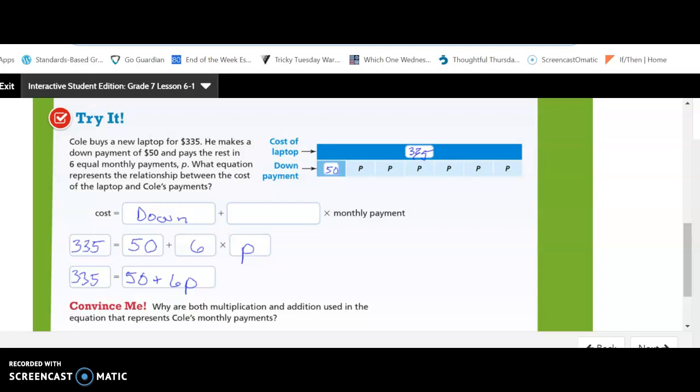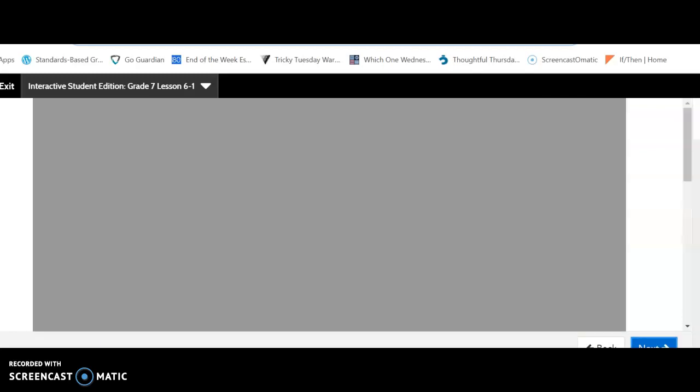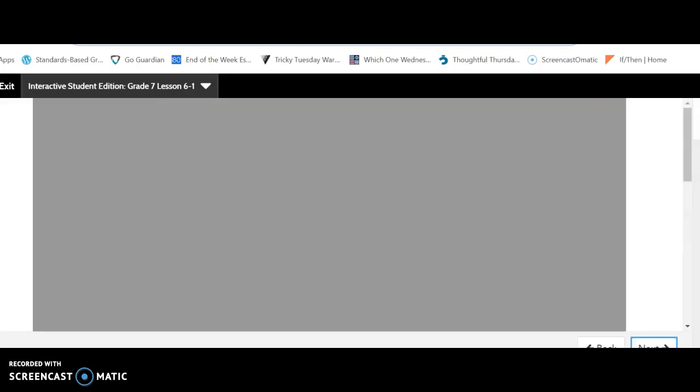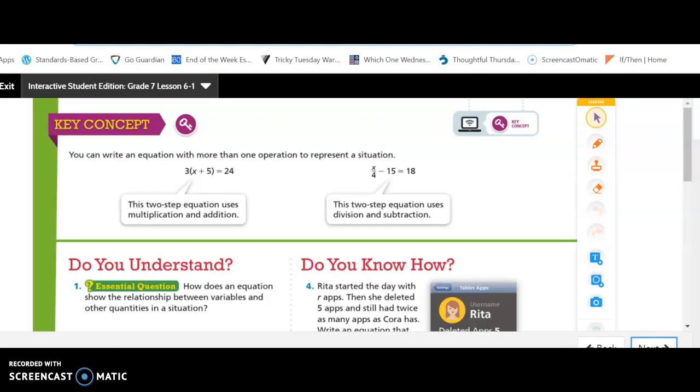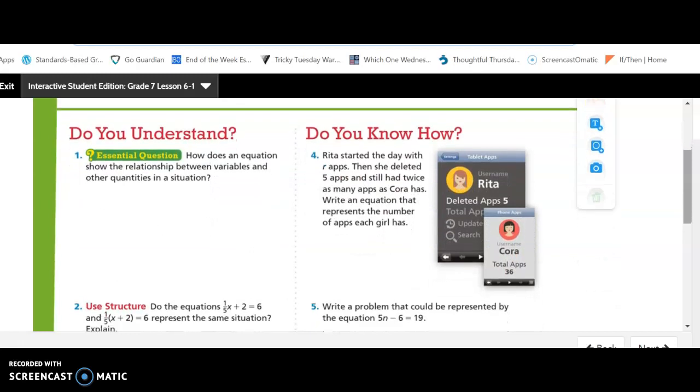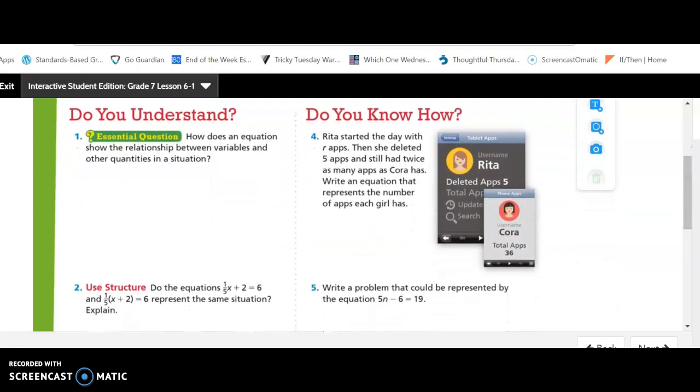So turn with me now to page 334, which is our key concepts page for lesson 6-1. As we look at a couple more practice problems, you should be writing these down along with me as you're watching them in the Edpuzzle video. So looking at number 4 on page 334, Rita started the day with R apps.